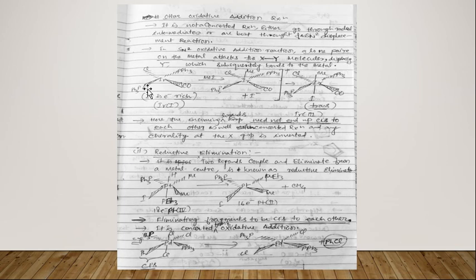So if you see here, this is the electron rich. If methyl iodide is attached, the neutral species converts into a +1 charge, and then it forms the trans molecule. So these are the things.